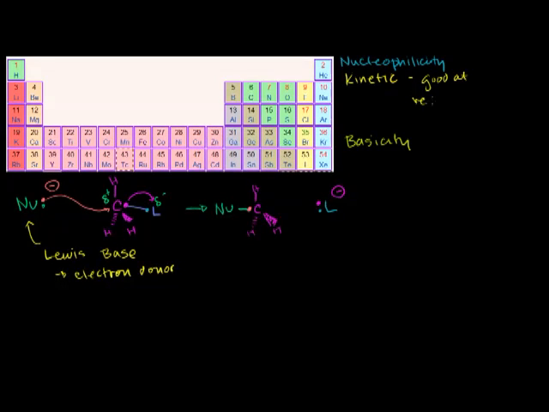It doesn't tell you anything about how stable or unstable the reactants before and after are. It just tells you they're good at reacting with each other. Basicity is a thermodynamic concept. It's telling you how stable are the reactants or the products.